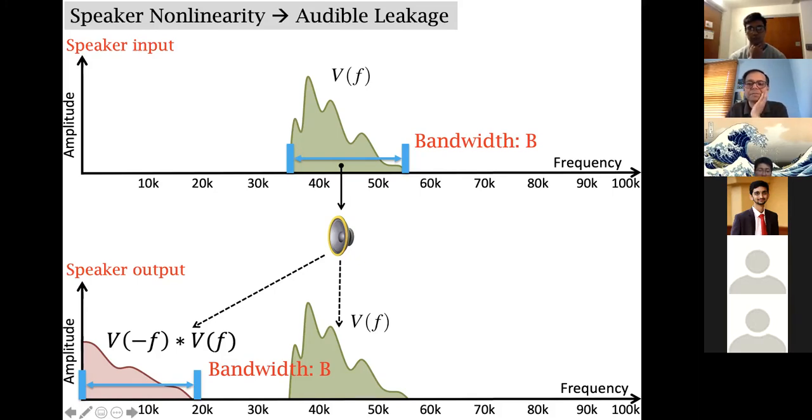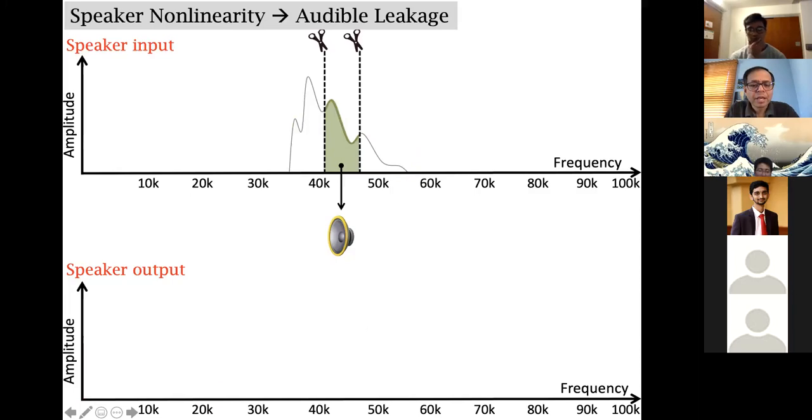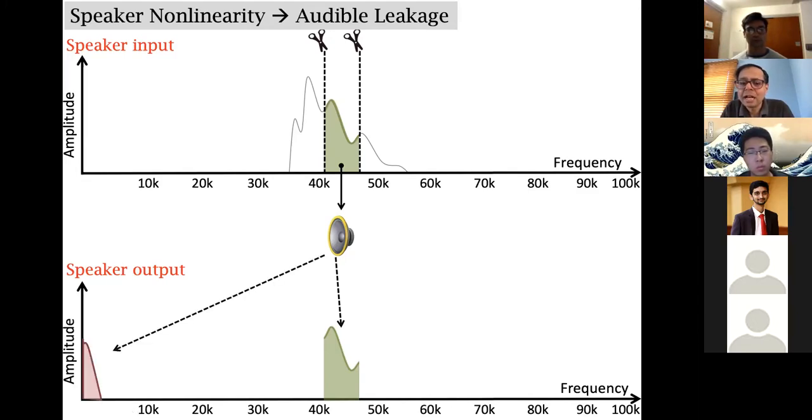Here is the idea. So look, if I transmit a smaller bandwidth through one speaker, what should I get? I should get that smaller bandwidth from the linear component and a smaller bandwidth from the nonlinear component, right? Instead of sending the whole Green Mountain, I send a slice of that Green Mountain.